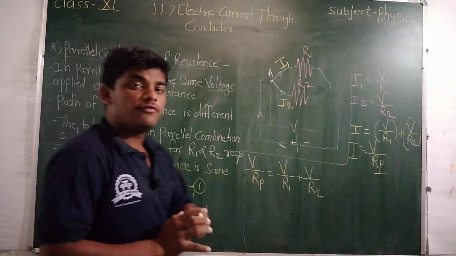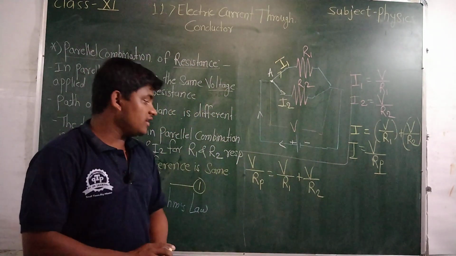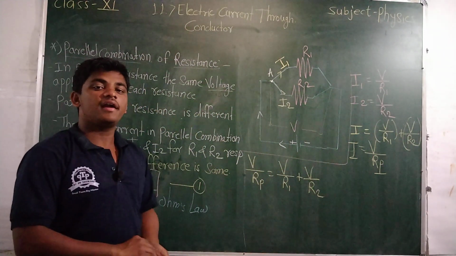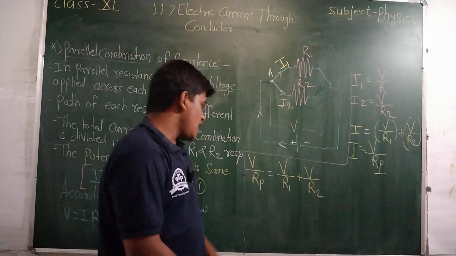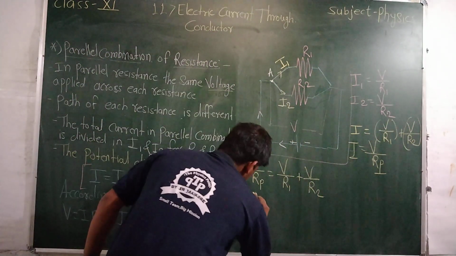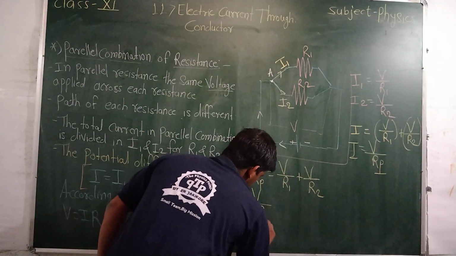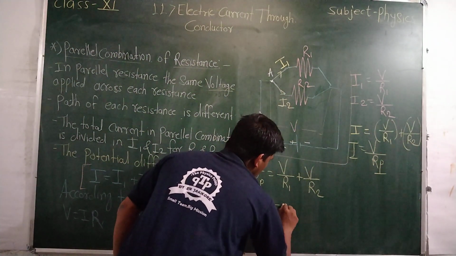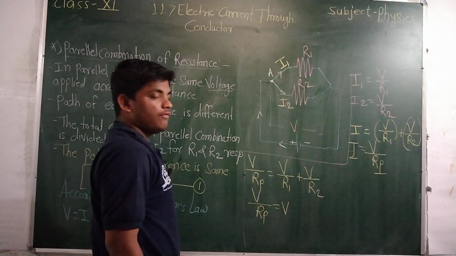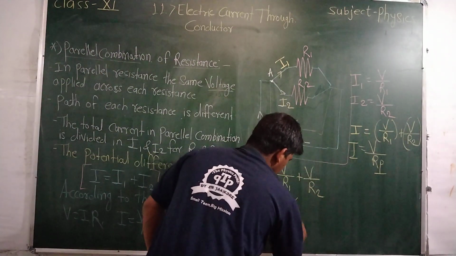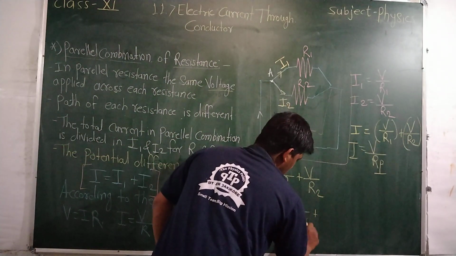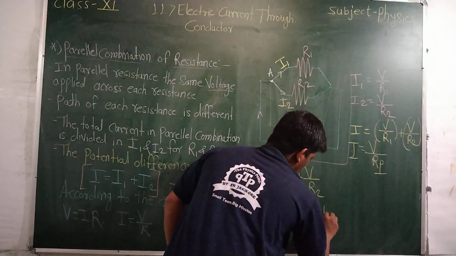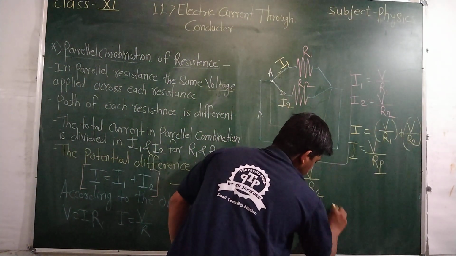The potential difference for each resistor in a parallel combination remains the same. Then V upon RP is equal to, taking V common, so 1 upon RP is equal to 1 upon R1 plus 1 upon R2.